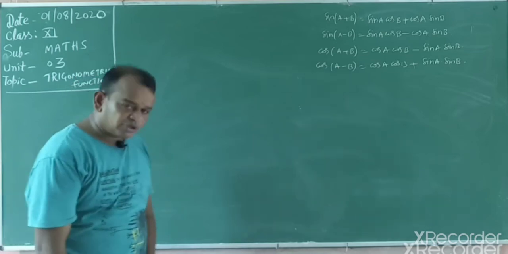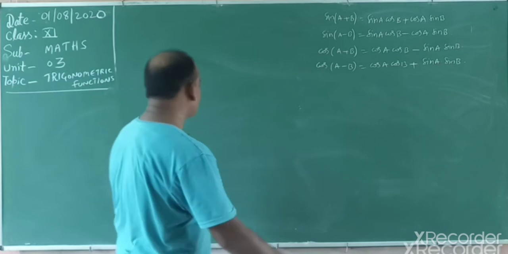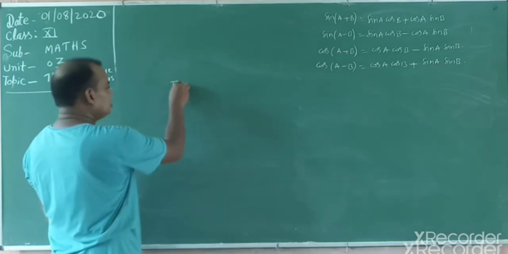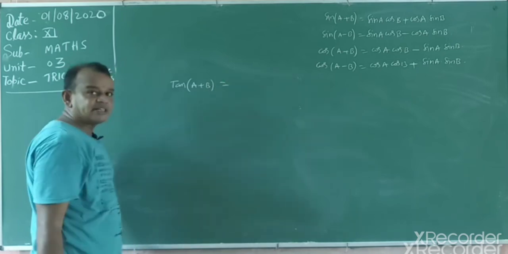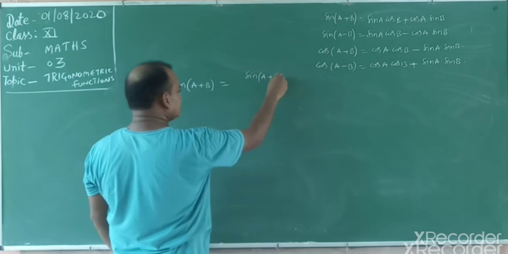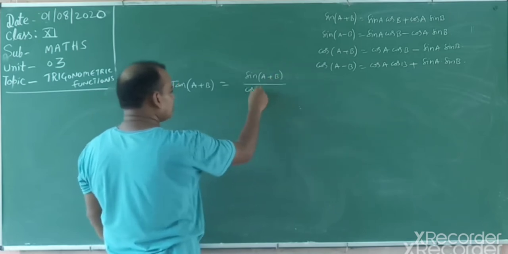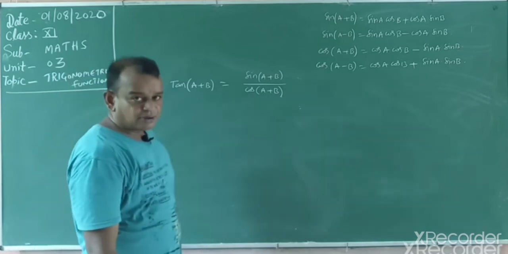Now, I have discussed the tan. What is the meaning of the tan? Sin by cos. Now, tan of A plus B. Observe that. Tan of A plus B is equal to sin of A plus B by cos of A plus B. Say yes or no?